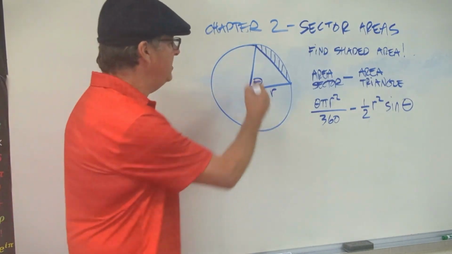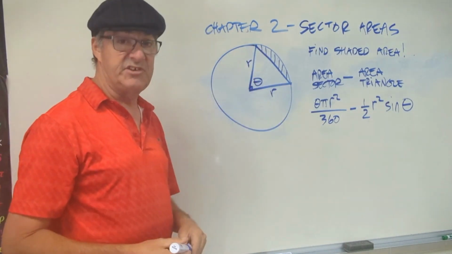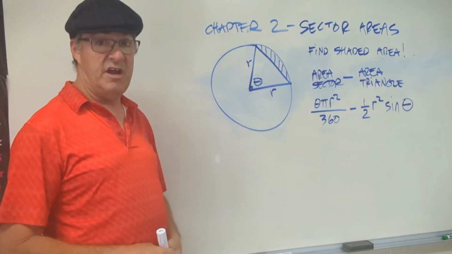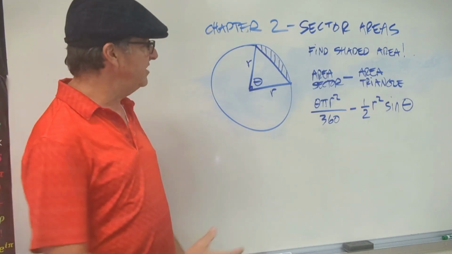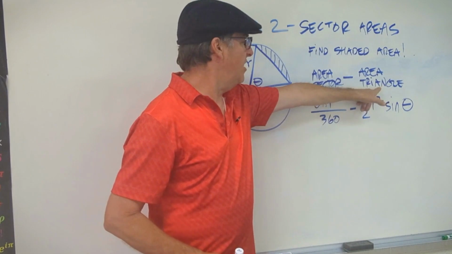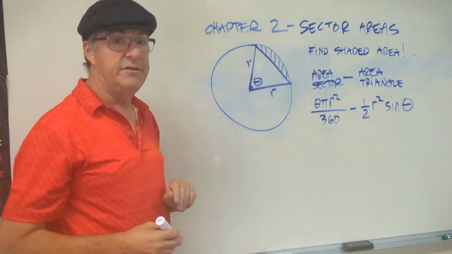And the trick to remember is that this is also r. Both of these things are radii, and if we know theta and r, then we do know the area of that triangle. So the overall process here is we take the sector area, which is that, and we subtract the area of the triangle, which is this piece, and that gives us the area of the shaded region.